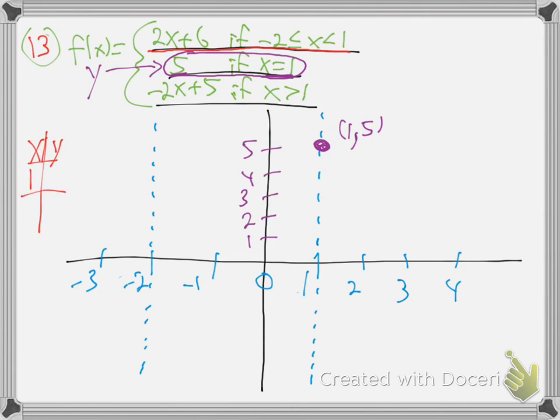I'm going to do 1 and I'm going to do -2. So when there's edges to the thing, go ahead and check those edges. Isn't that what this left function says? For x values between... Now the 1 I should circle because it's going to be an open dot at the 1.